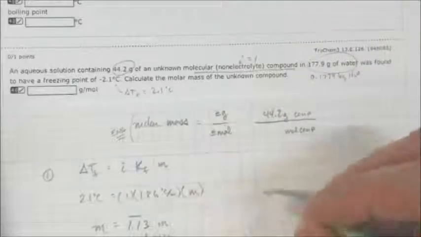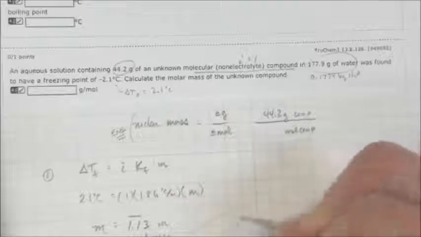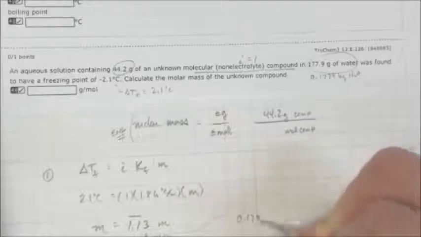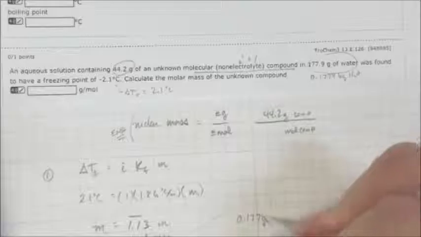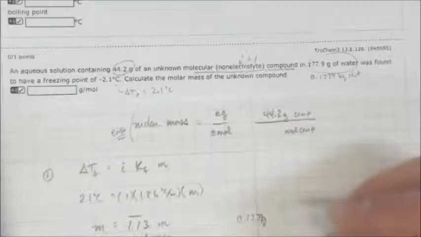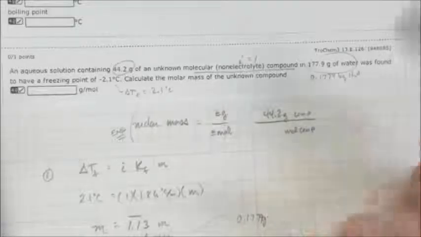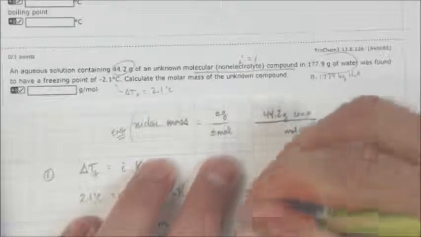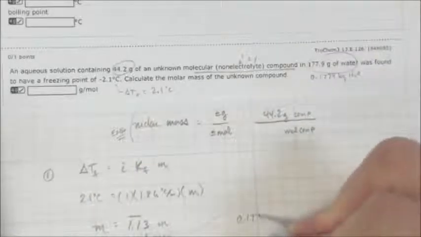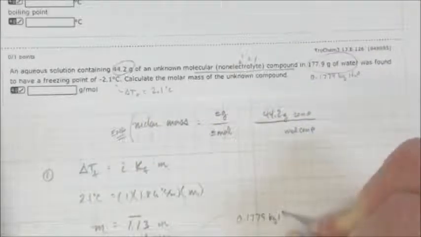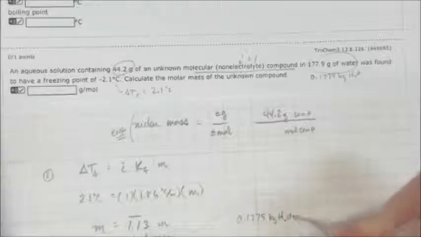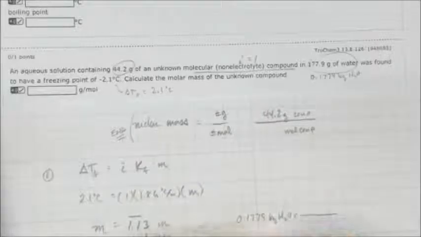So we're going to use that up here as a conversion factor. That's kilograms of water. Let's clean this up here. 0.1779 kilograms of water. Now we're going to use our molality here.